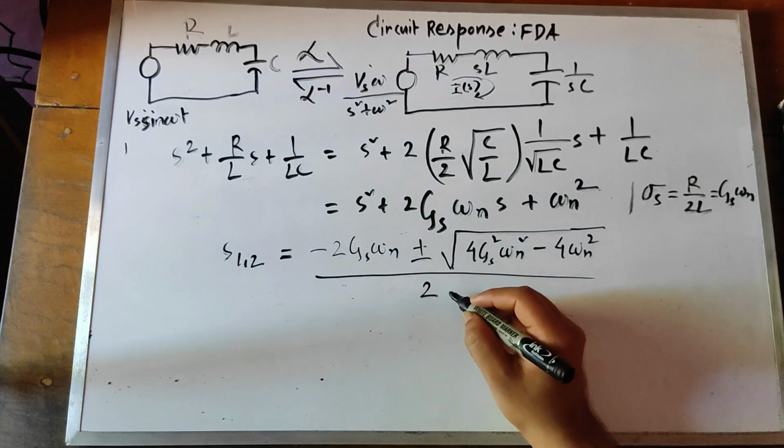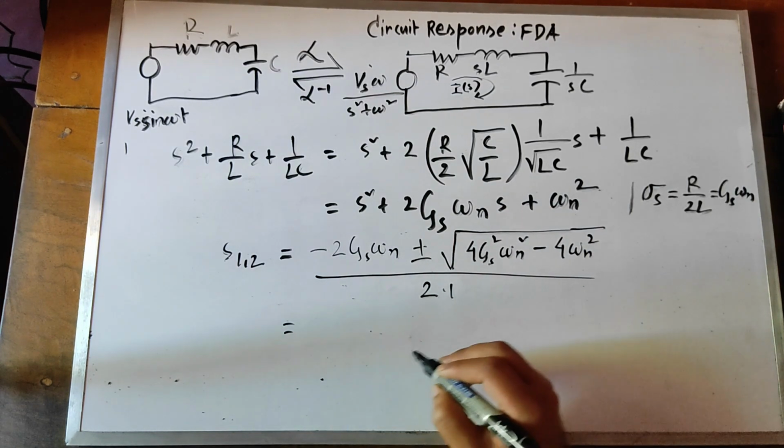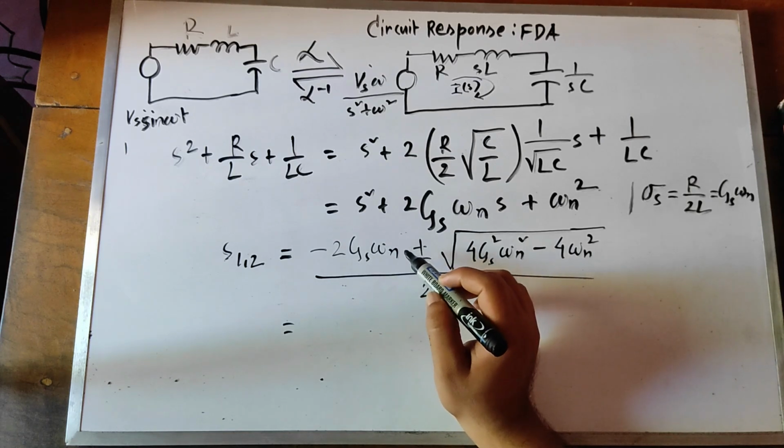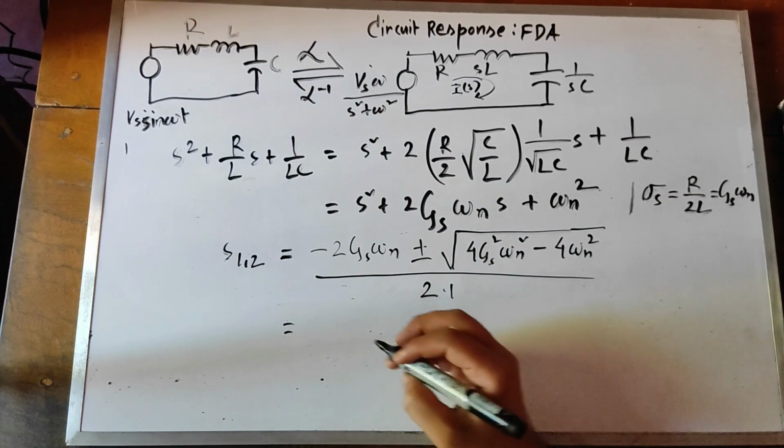So a is 1, so 2 times 1. So zeta times omega n is the damping coefficient.